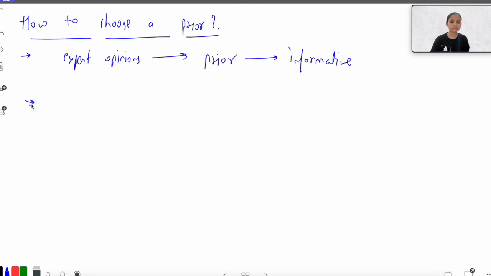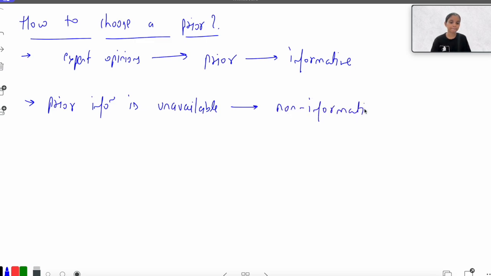In the second case, if prior information is unavailable, then you will choose a non-informative prior, or you can say a weakly informative prior.